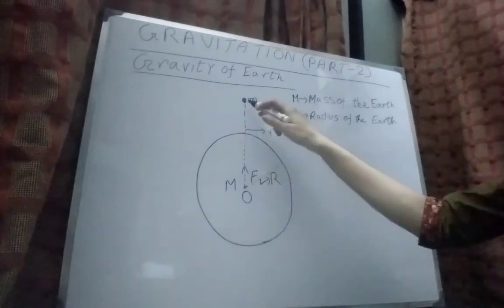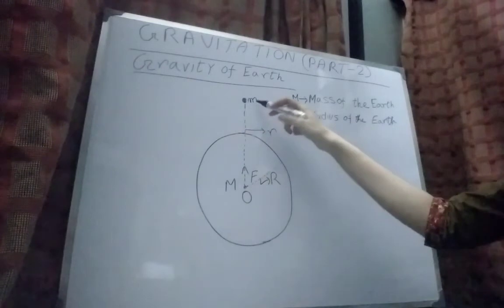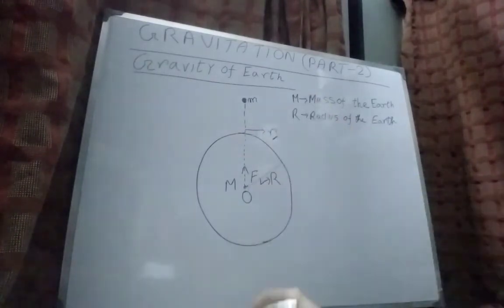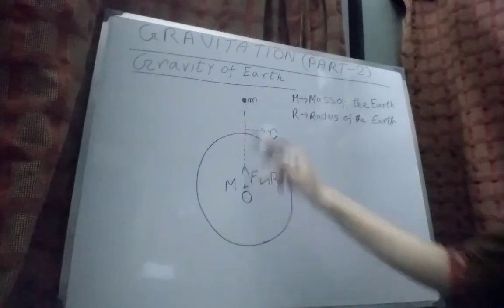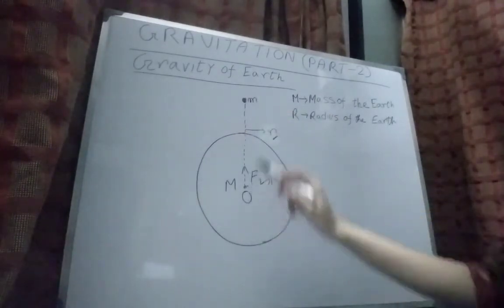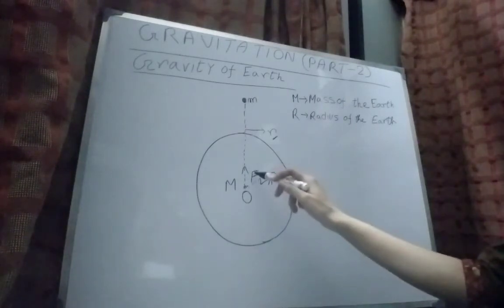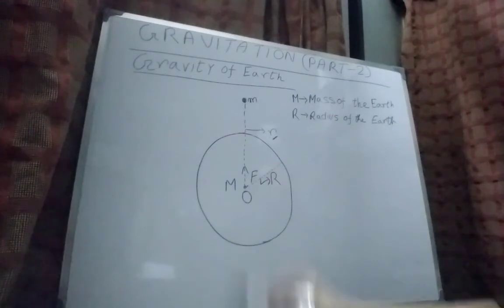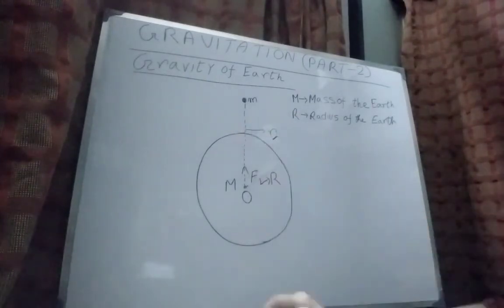Now suppose an object of mass m is at a distance small r from the center of the earth, then earth will attract this object towards its center, and this is a force which we denote by capital F, and this effect is the gravity of earth.